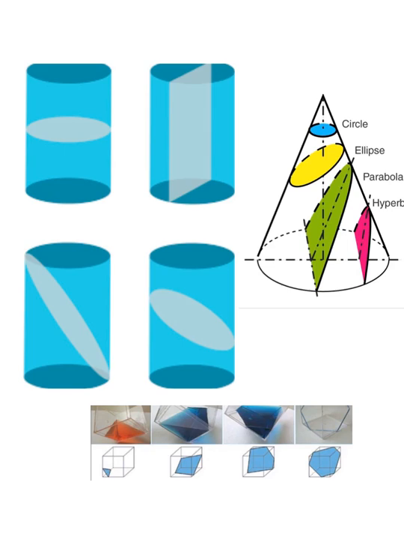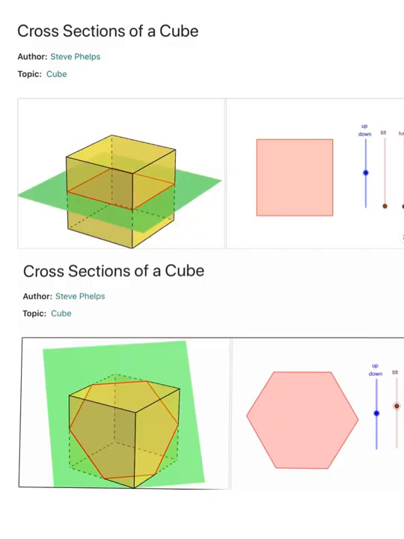Okay, so we're going to go through the file that I sent you in Google Classroom and how to use it. If you start off by opening cross sections of a cube, on the right side you have up, down.